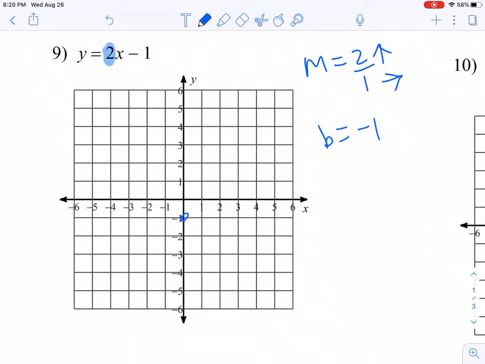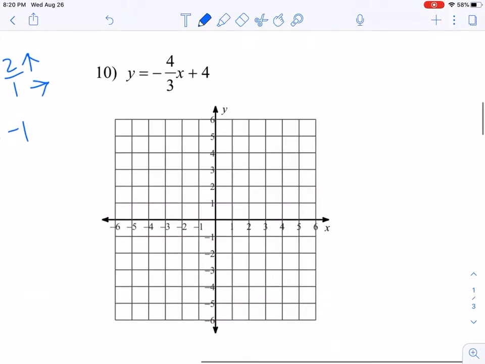So we will put a point at -1 and count up 2, right 1. Put a line through our points. Arrows at the end of our line because it does continue to infinity. And that's our line.